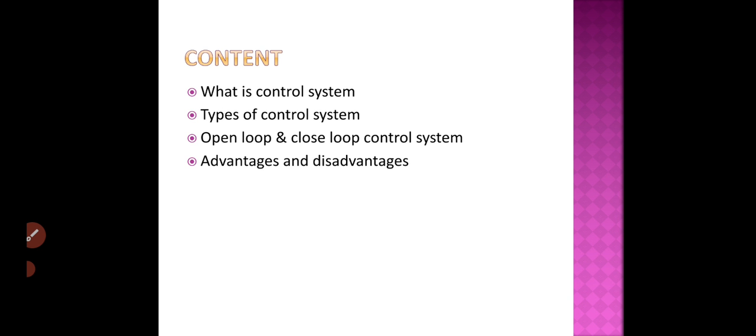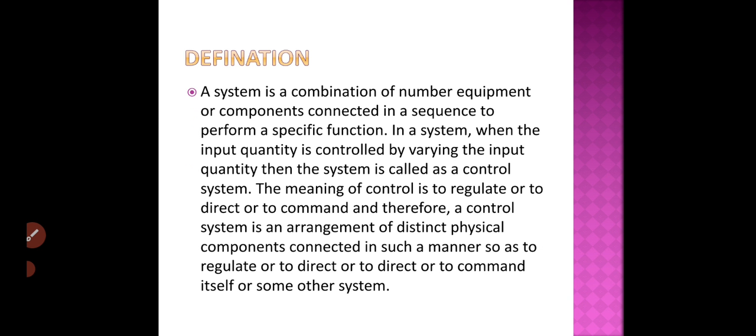system. First we have to discuss what is the definition of a control system. A system is a combination of a number of equipment or components connected in a sequence to perform a specific function, and is known as a control system.